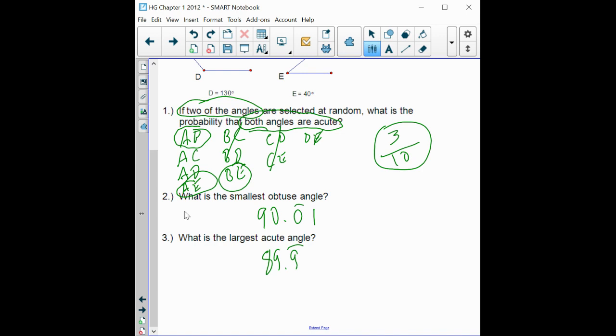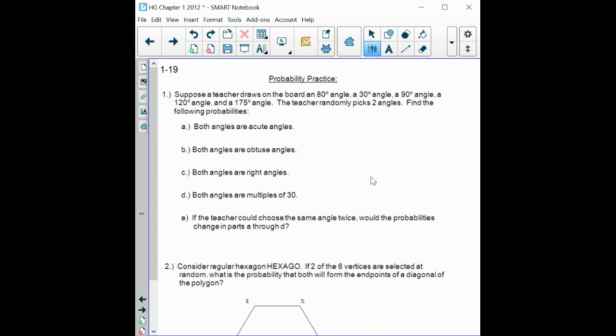Okay. All right. So then the last page that I want you guys to try out here is 1-19. So this is some probability practice. And yeah, it's very similar to what we just did. The nice thing with the last page is all the angles were labeled already. Here I would just say, oh, I have A, B, C, D, and E as far as the angles go.